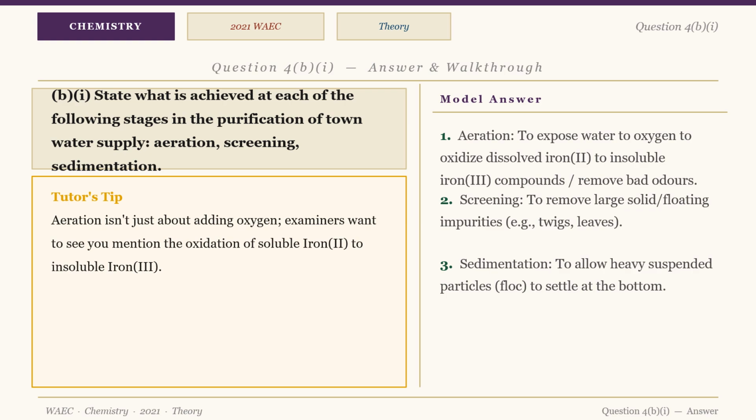So once it's settled, they can now collect the top liquid. Just think about it like when you pour sand into a bottle and shake, after some time, when you keep it still, it will settle back down.